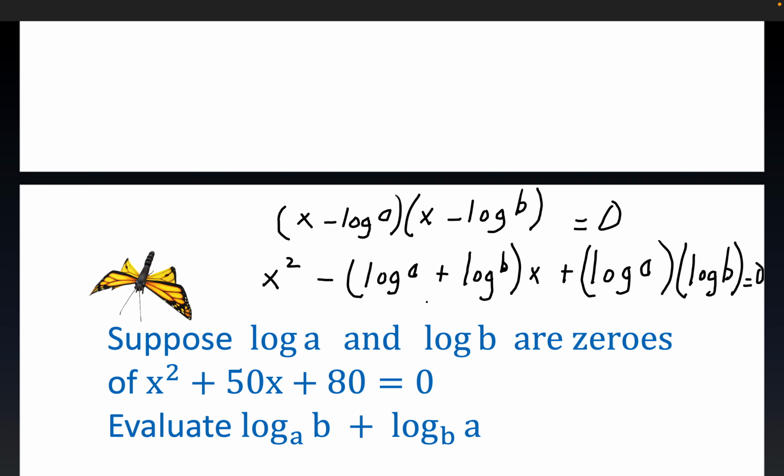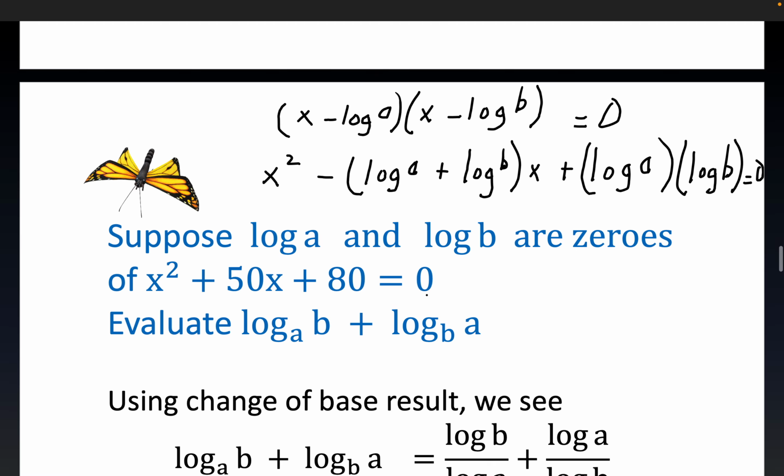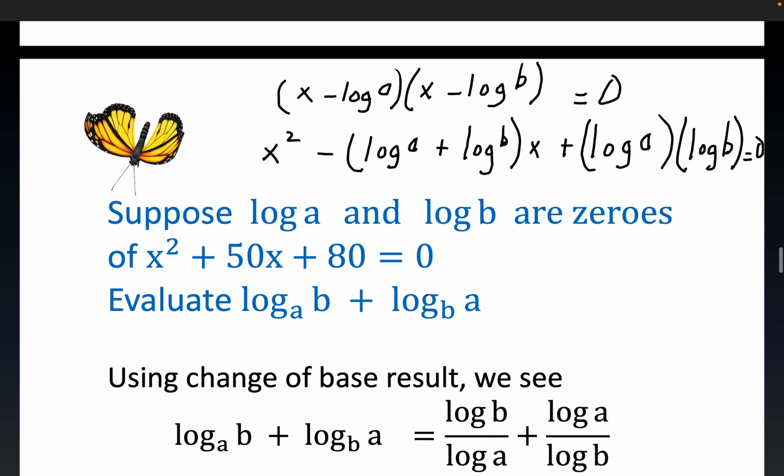Okay, so let's take a look at how this might go. Now the big result here that makes it fairly easy, and you'll see why I did all this, is the change of base result, because we're asked to evaluate log base a of b plus log base b of a. So log base 10 is not even present anymore. You'll note that this doesn't factor nicely; I think it has irrational solutions.